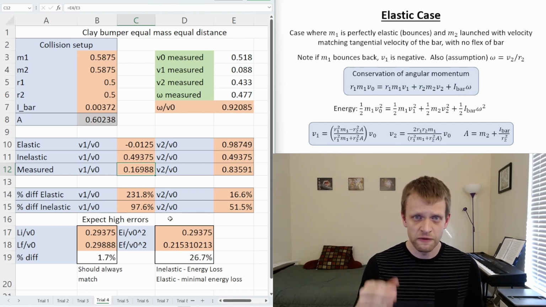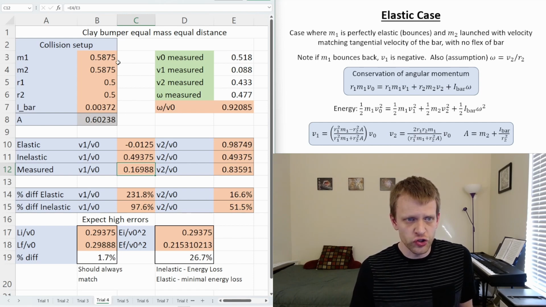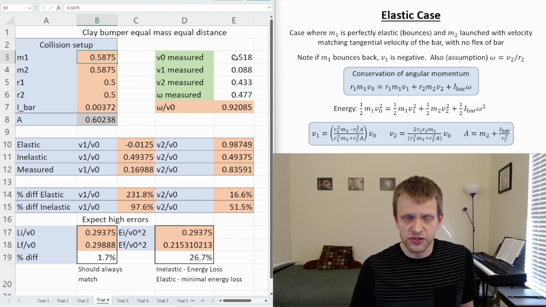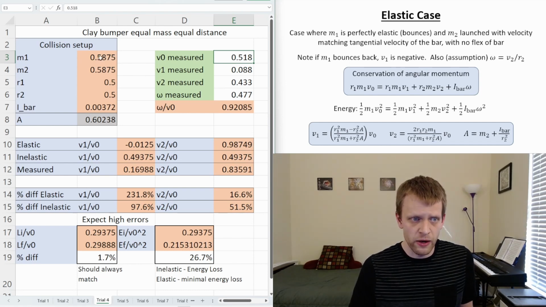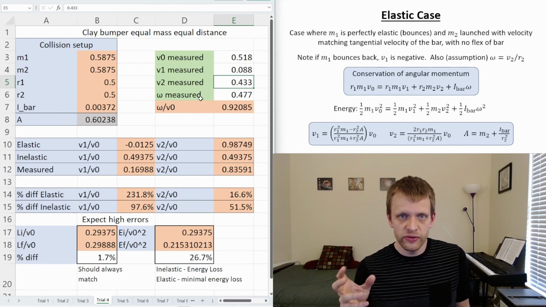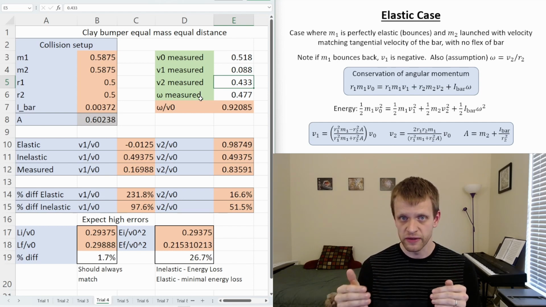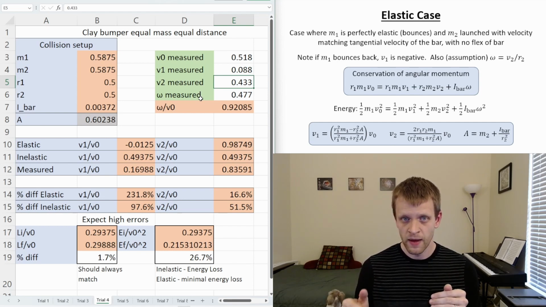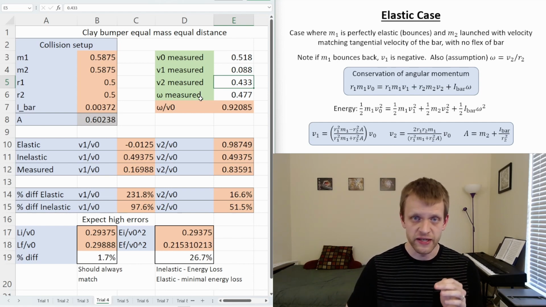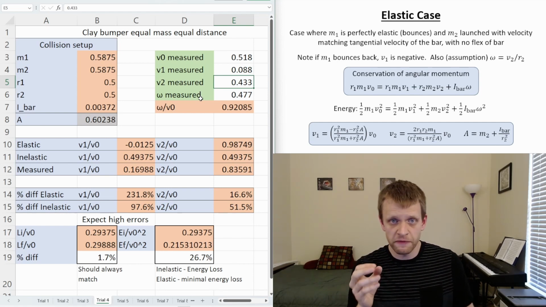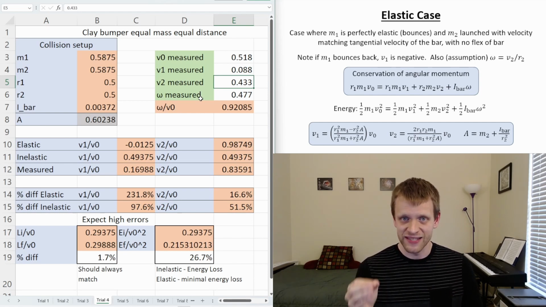You might say that from this data, if I were to take the mass of 1 times the velocity of object 1, and compare it with the mass of 1 times the velocity of 1 after the collision plus the mass of 2 times the velocity of 2 after the collision, when you add those up, you'll get something that matches pretty accurately. And that might lead you to think that linear momentum is being conserved in this case. It's still not being conserved, because linear momentum, as we've demonstrated before, has a direction to it.